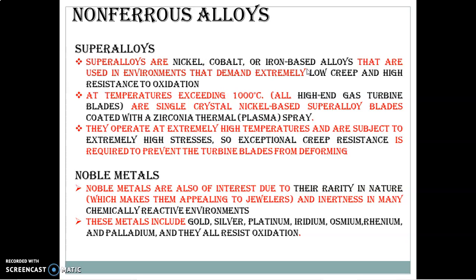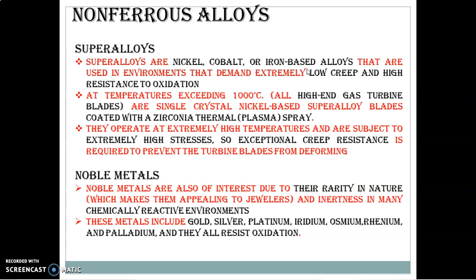At temperatures exceeding 1000 degrees centigrade, such as in gas turbine blades, single crystal nickel-based super alloy blades are used, and these are coated with zirconia material. Super alloys operate at extremely high temperature and are subject to extremely high stress, so they need exceptional creep resistance. In aerospace applications, super alloys are mostly preferred for engine parts.